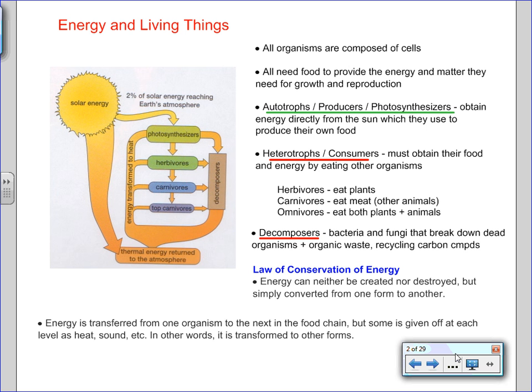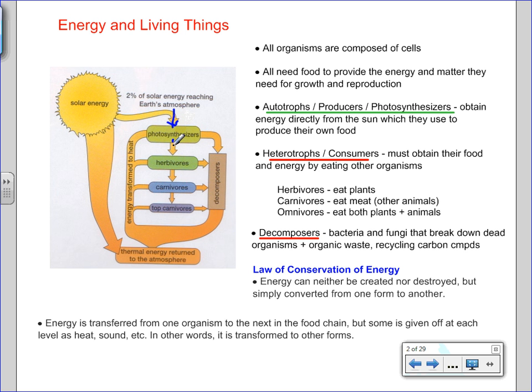The law of conservation of energy states that energy can neither be created nor destroyed, but simply converted from one form to another. So as you go down, if you're looking over here at the graphic, the photosynthesizers are going to have the most energy that they trap from the sun.